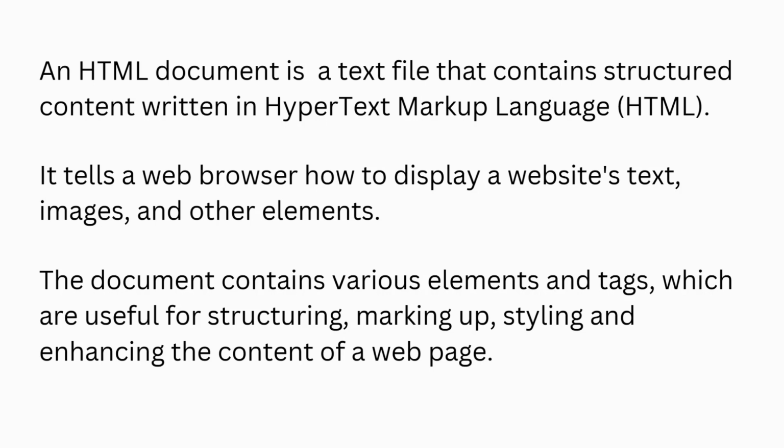The document tells a web browser how to display text, images, videos, forms, and other elements on a website. Now, this document contains various elements and tags which are useful for structuring, marking up, styling, and enhancing the content of a web page.